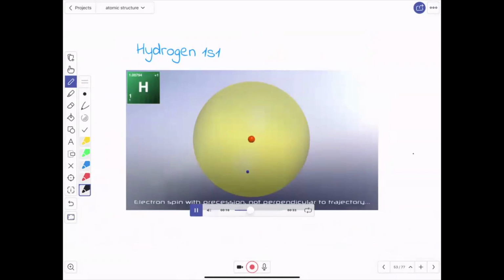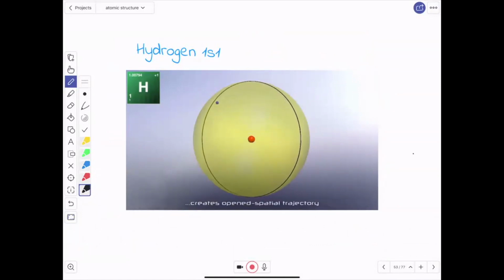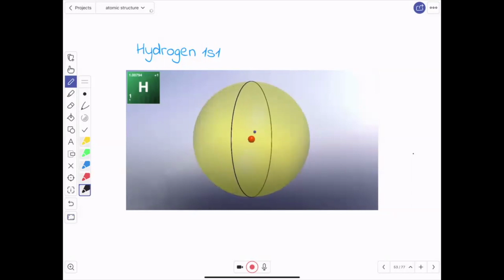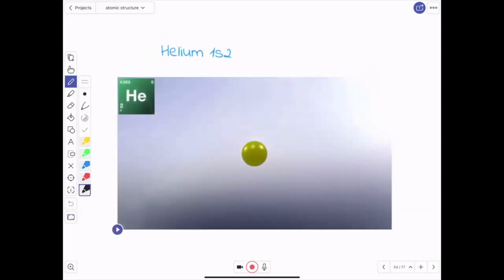It will draw you the shape of a sphere, something like this. If this electron has a trail and you're tracking it, the electron will draw you the shape of a sphere like this.